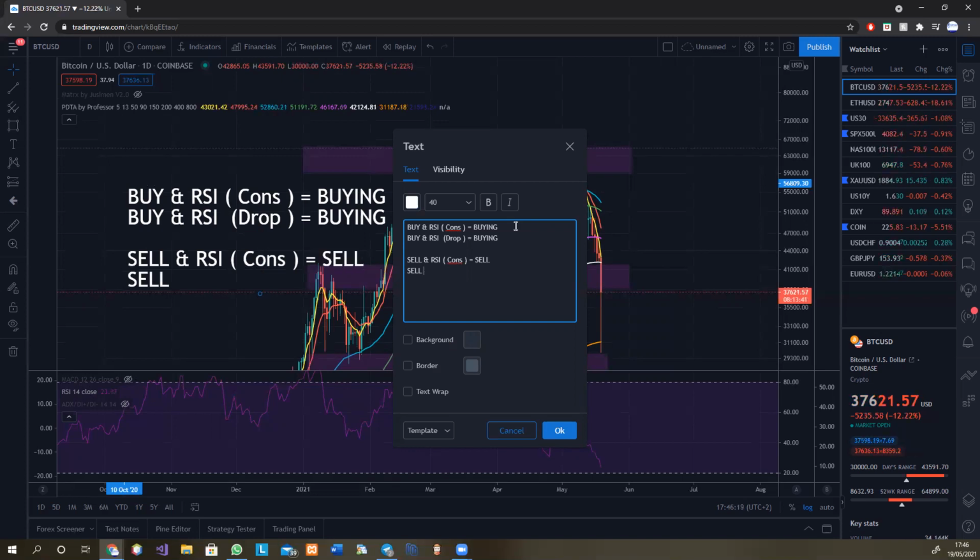If the market is selling and the RSI is buying, instead of dropping, then market is looking to sell. These are just a few cases, right?